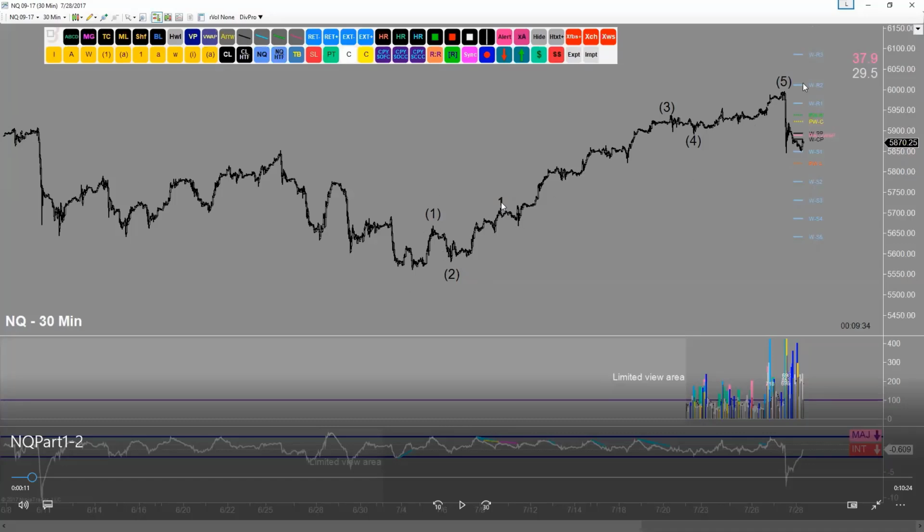We have a perfect 5-wave move up into the high, and now a really sharp push down. So we would expect a C wave up. I mean, we have a tiny little A wave up here and then a B wave down. We would expect a C wave up to correct this initial push down and then another wave down.